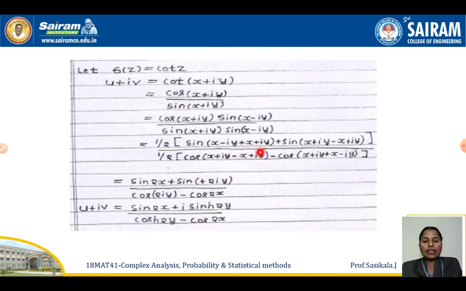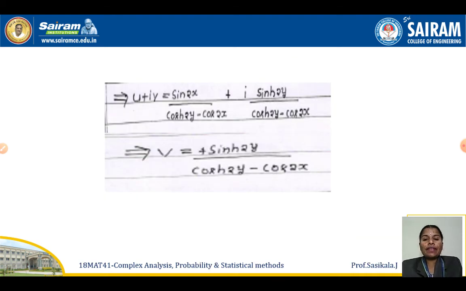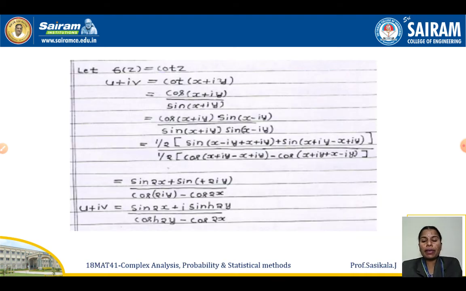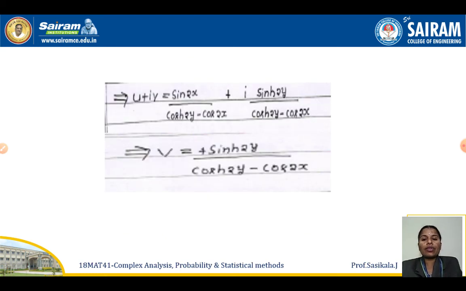After simplifying this step, I am able to get this formula. Then u plus iv is the real and imaginary part. Now we can segregate: sin 2x by cosh 2y minus cos 2x plus i into sinh 2y by cosh 2y minus cos 2x. The coefficient of your imaginary term is your v, which is sinh 2y by cosh 2y minus cos 2x.